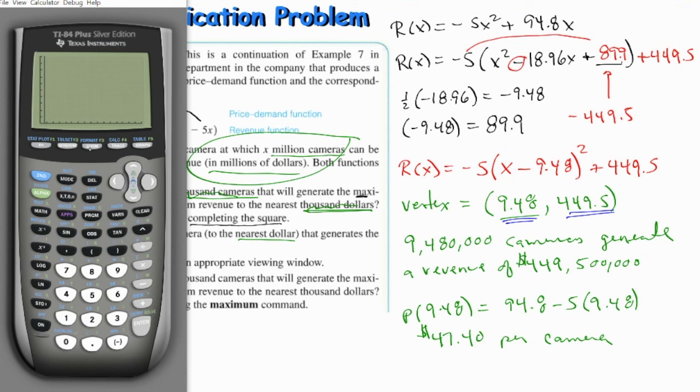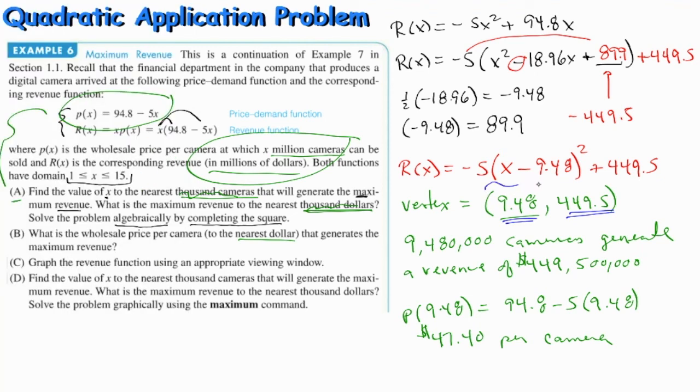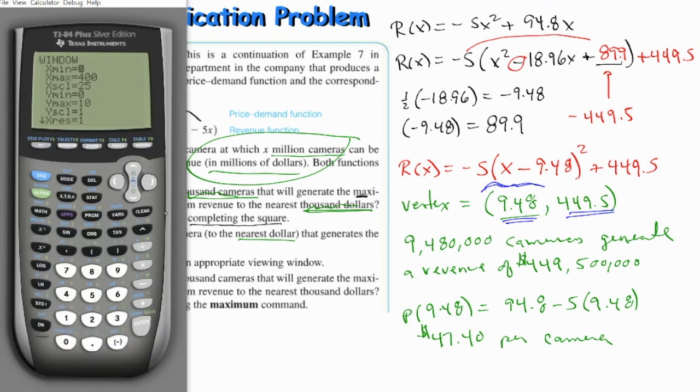We're going to go to our window button. The x-axis is going to go from 0 to 10, and that will give us the maximum. So let's go past 10 to see it falling from the maximum. So we'll go from 0 to 20, and we'll count by ones. And the y-axis will go from 0 to 500, and we can count by 25.